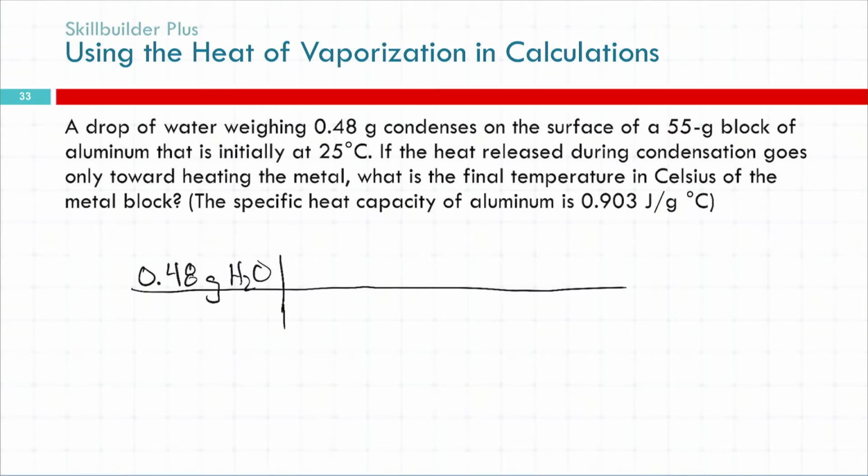Anyways, this problem really starts out the same way. We have this amount of water. We're eventually going to get to a Q equals mC delta T problem. You remember those? But we first need to know how much energy we are imparting to this aluminum block. So it's 0.48 grams of water.